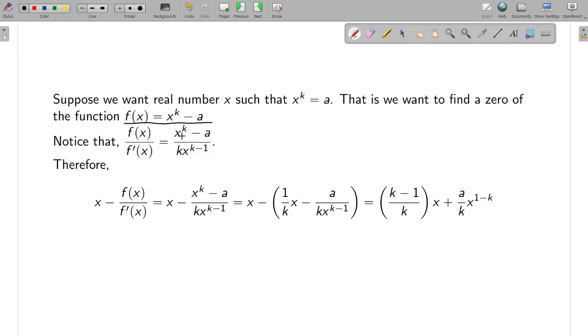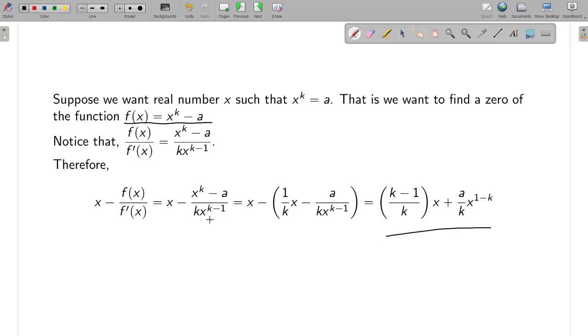Now you can simply compute f of x upon f prime of x. That will be x raised to k minus a upon k times x raised to k minus 1. Therefore, if you look at x minus f of x upon f prime of x, this is what you will get.